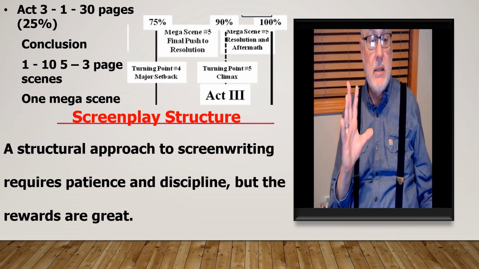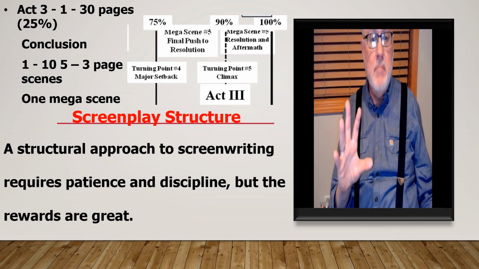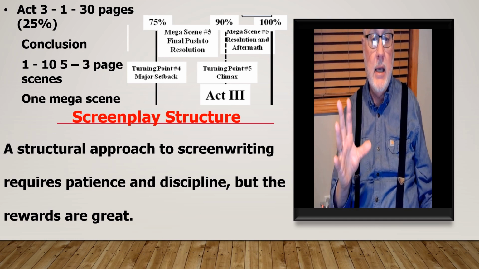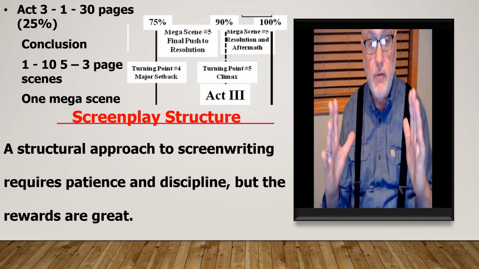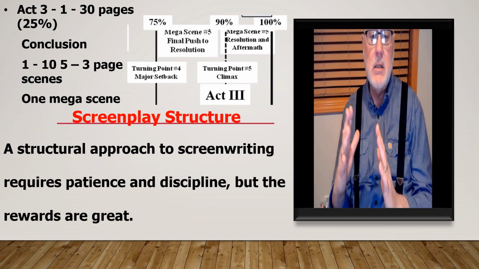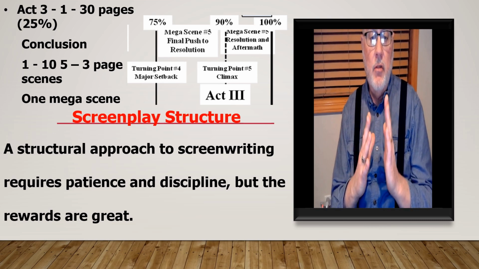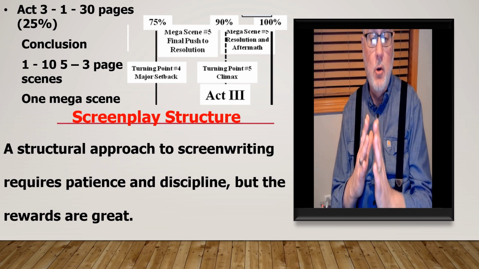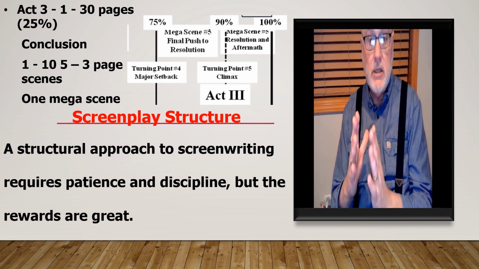But it's one large mega scene, unless you push it to the full extent of 30 pages. Then you're going to have 2 15-page mega scenes. But it is the resolution of the major setback. You have a final push to the resolution.